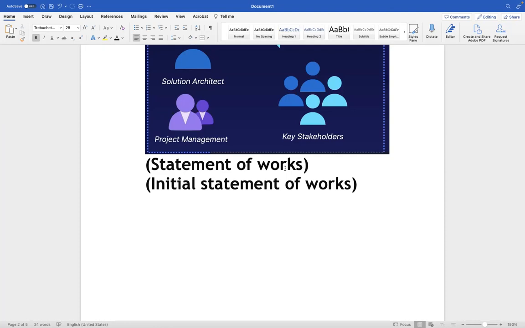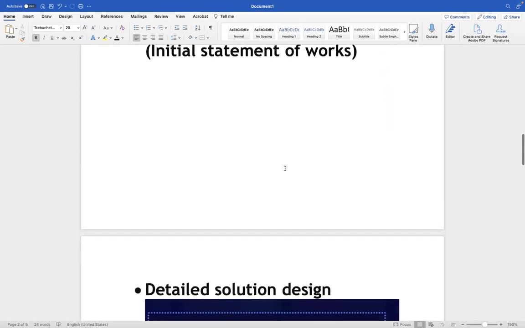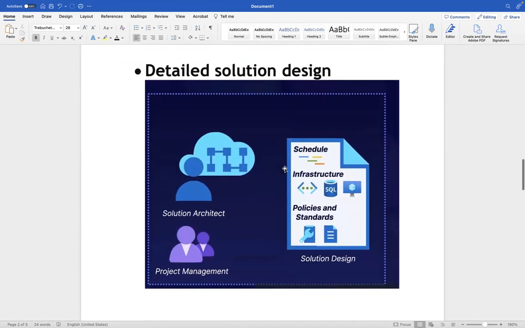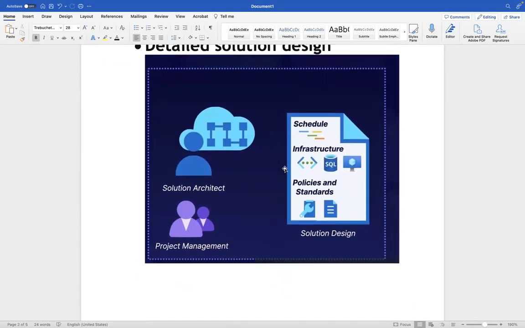So hopefully you get sign off on the next stage, the detailed solution design. Again, this can really vary, depending on the engagement, guys.